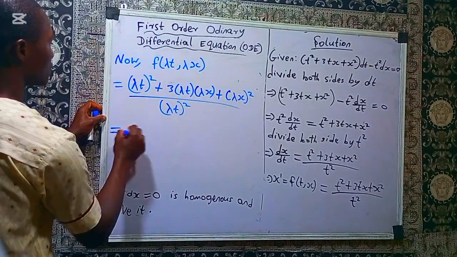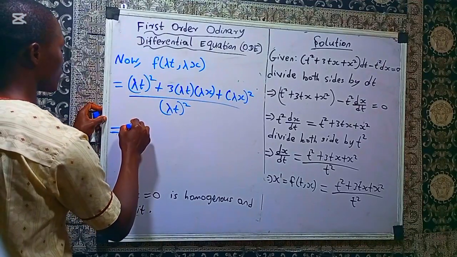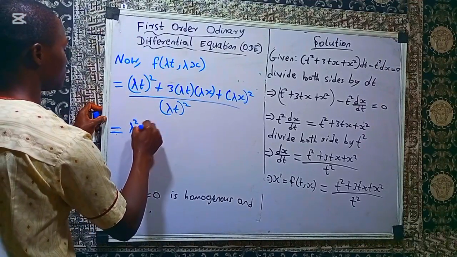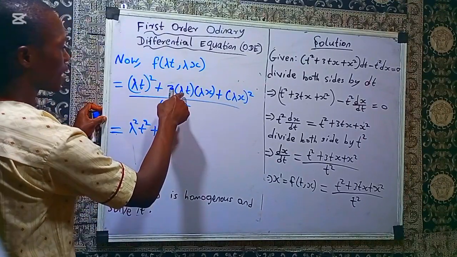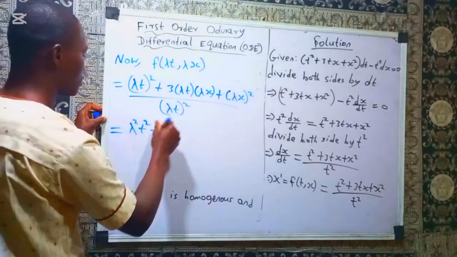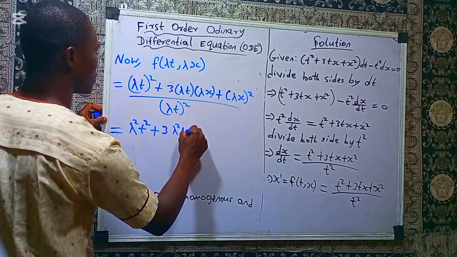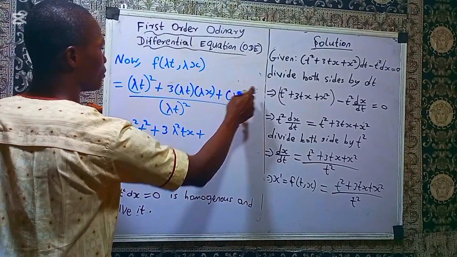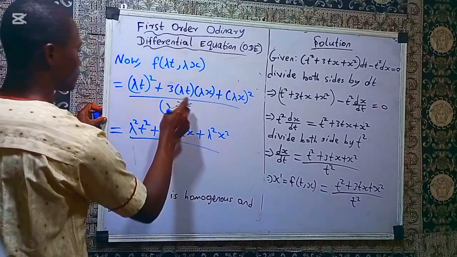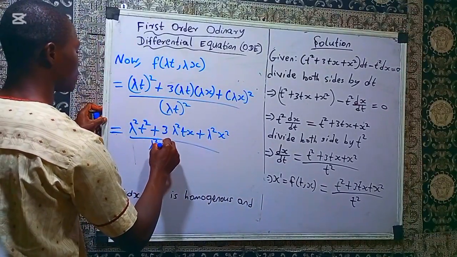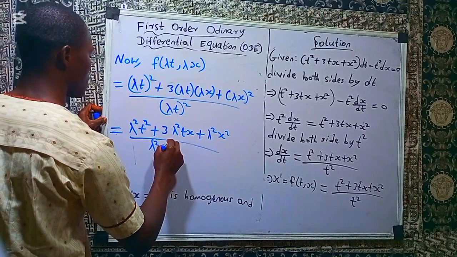So this is equal to what? Square both of them: lambda squared t squared, plus 3 lambda squared tx, plus lambda squared x squared, divided by lambda squared t squared.